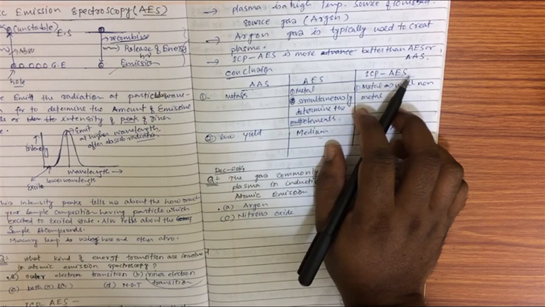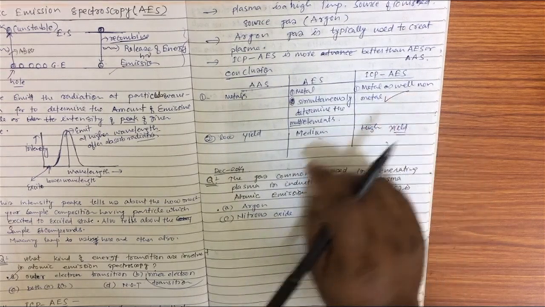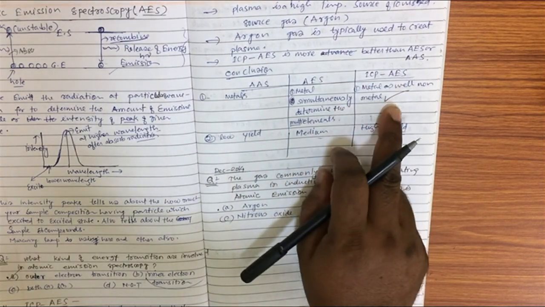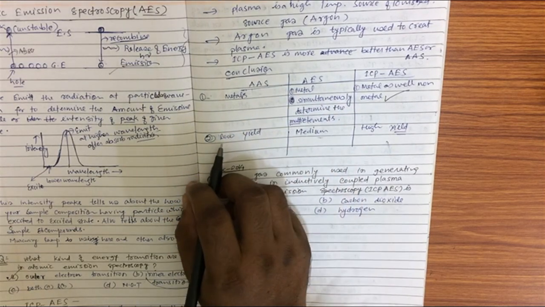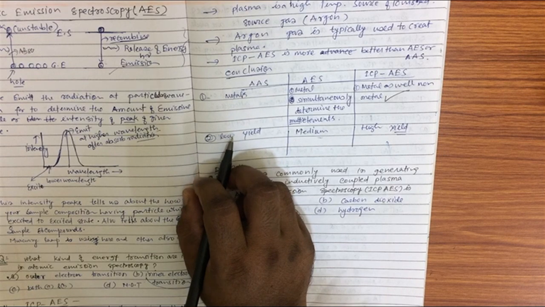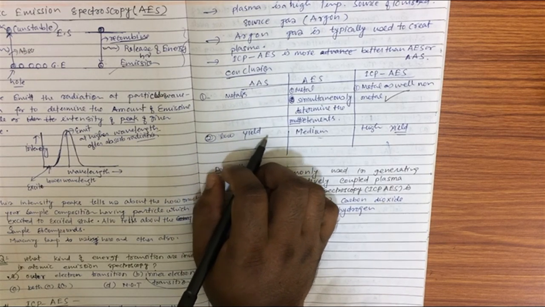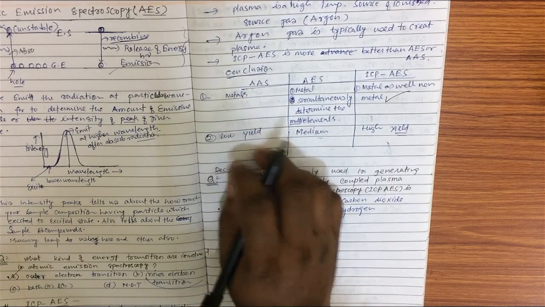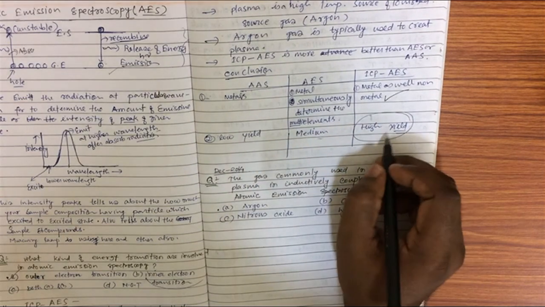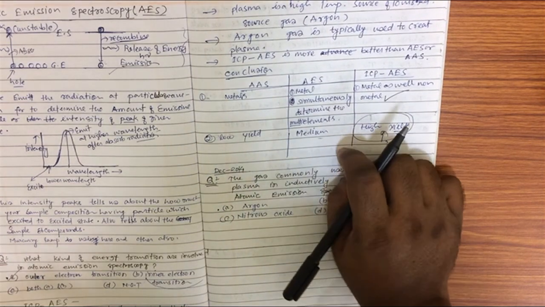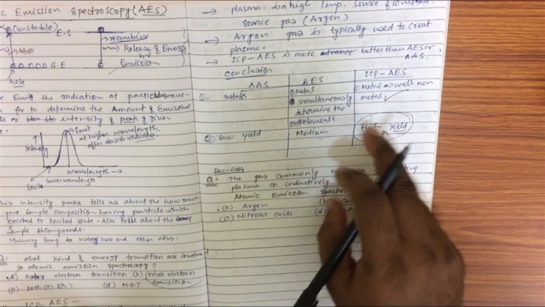But in ICP-AES, both metals and non-metals you can determine. So this technique is better than the other two. For absorption spectroscopy you get low yields, here you get medium, but you will get high quality of your product yields. So this is better than the others too.